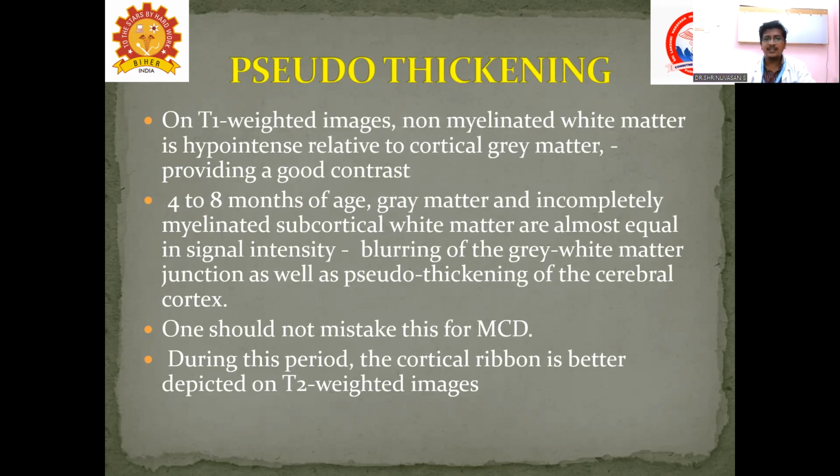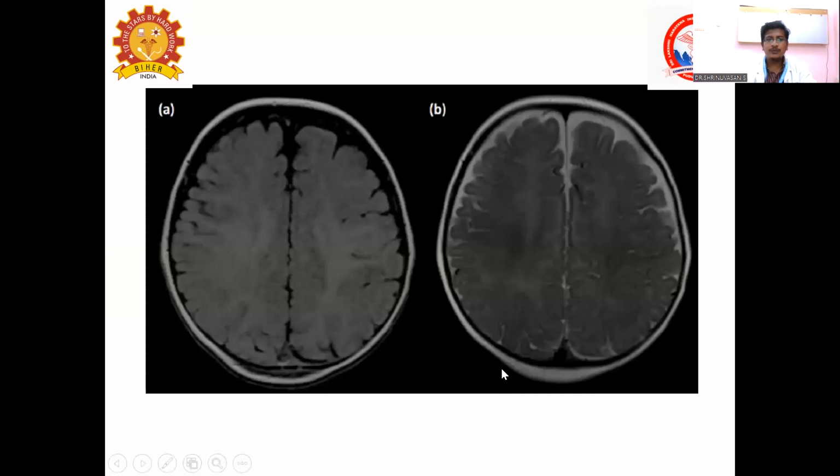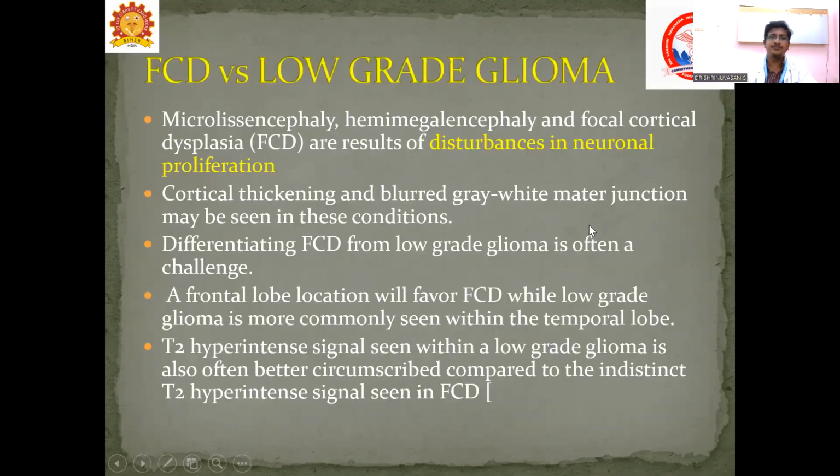During this period, the cortical ribbon is better depicted on T2 weighted images. So you can see the poor differentiation of the cortical gray-white matter junction at 4 to 8 months of age, and on T2 you can identify it clearly. So you should not mistake it as abnormal cortical development.